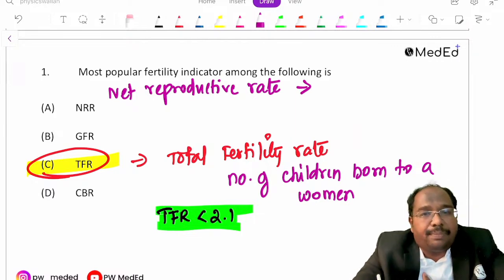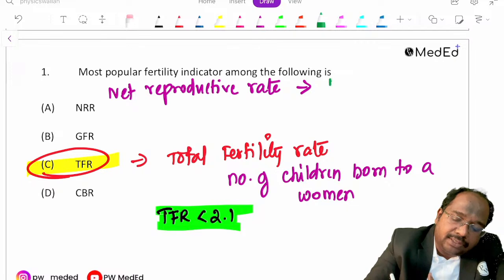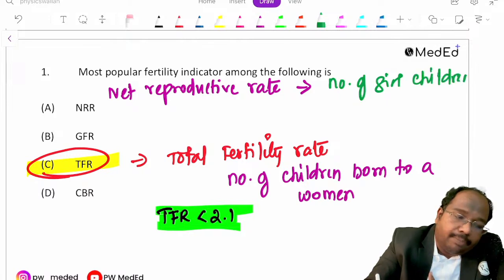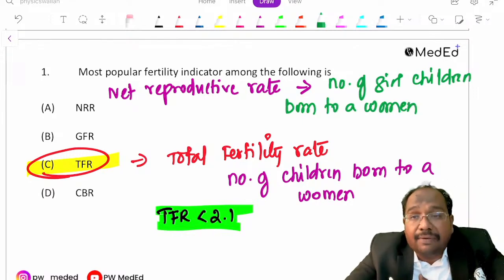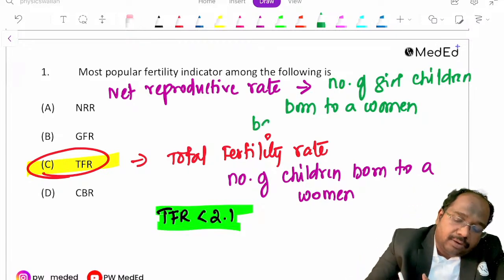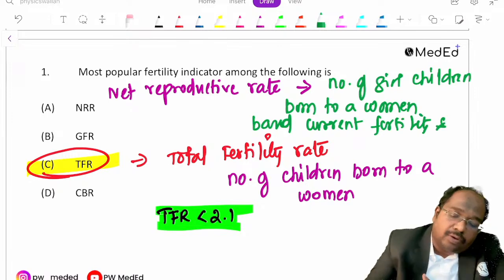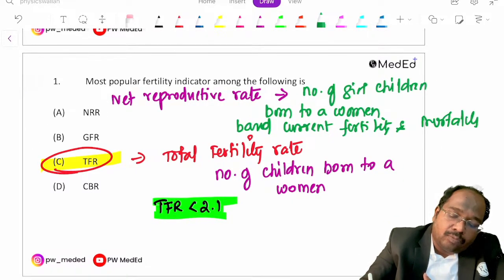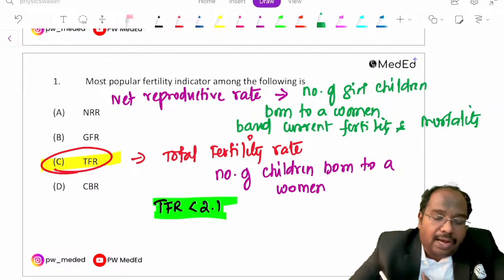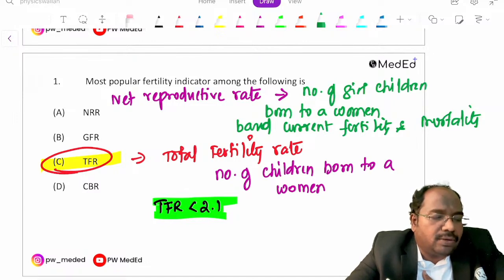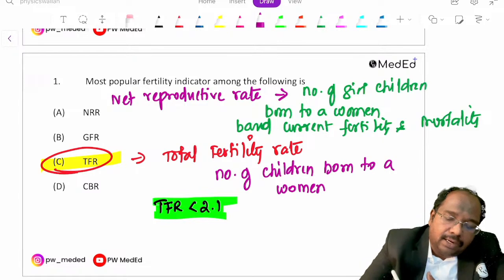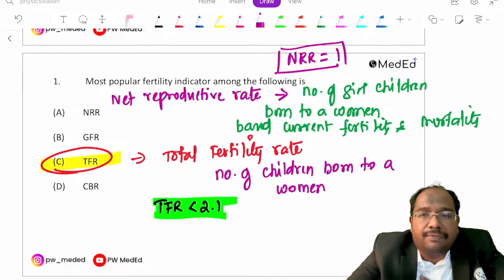What does net reproductive rate mean? It is the number of girl children born to a woman based on current fertility and mortality. This is NRR, guys. Our target is that NRR should be 1. So the number of girl children born to a woman based on current fertility and mortality is the net reproductive rate.